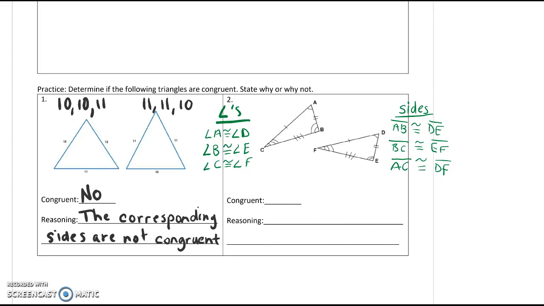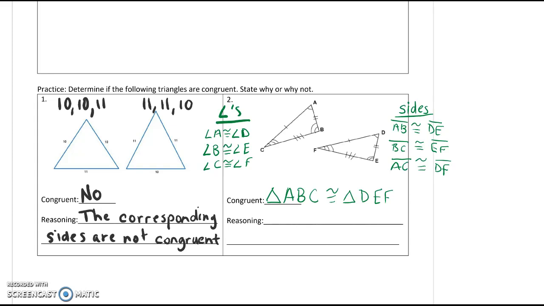And when we write that 2 triangles are congruent, we're going to write it over here. So for example, triangle ABC is congruent to triangle DEF. Okay, and in this case, order matters.